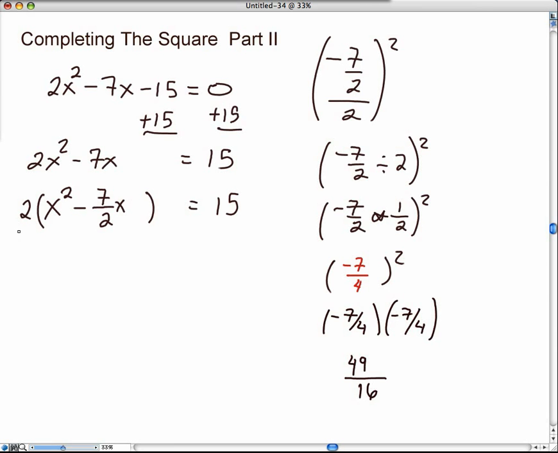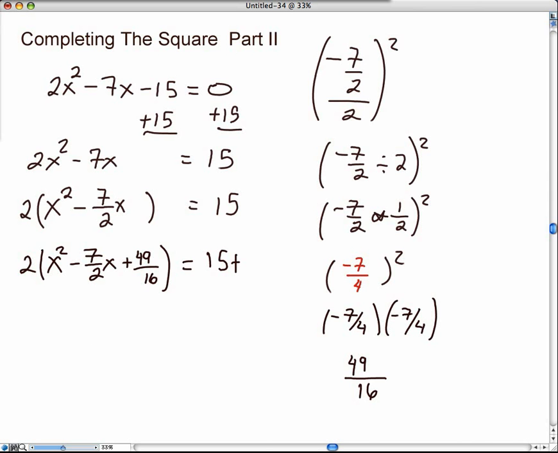So all that work: 2x squared minus 7 over 2x plus 49 over 16, close it, equals 15 plus, not 49 over 16, because 49 over 16 is in here. But if you look overall, that 2 belongs to that 49 over 16.